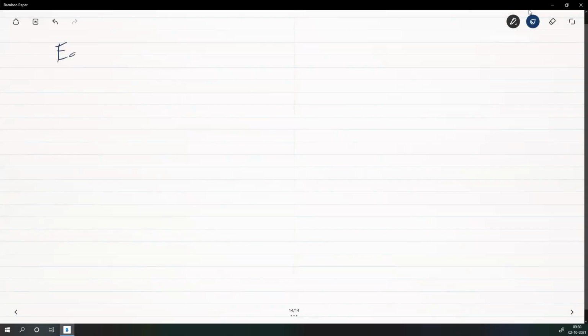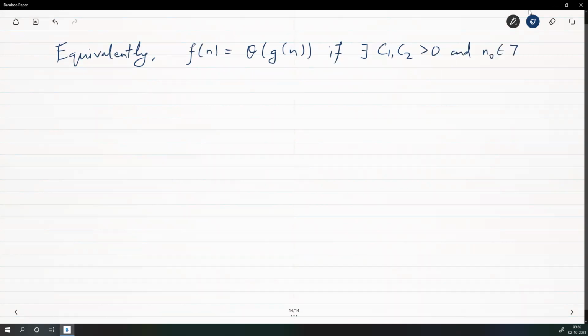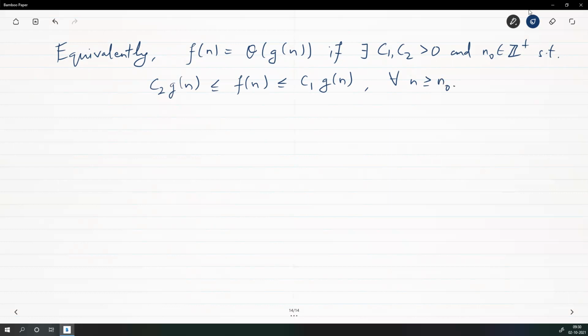Equivalently, f of n is equal to theta g of n if there exist C1, C2 positive numbers and n naught a positive integer, such that C2 g of n is less than or equal to f of n is less than or equal to C1 g of n for all n greater than or equal to n naught. Is that okay? That is the definition.